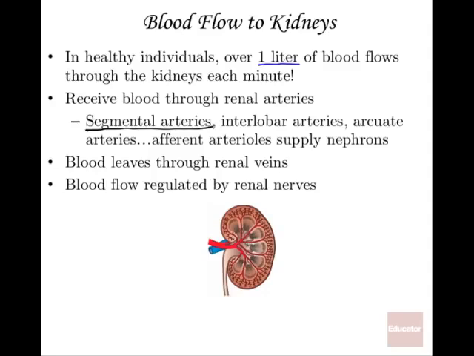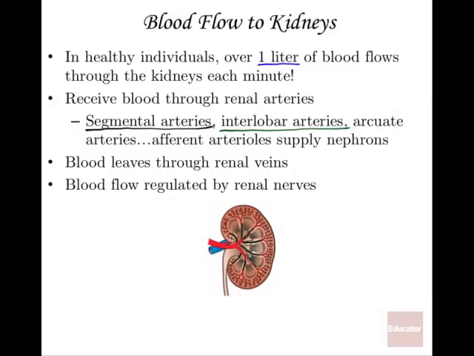The interlobar arteries, let me show you those. They actually end up going into each little lobe. So here, here, here, here, here. All of these are interlobar arteries, which branch off of the little segmental arteries here.